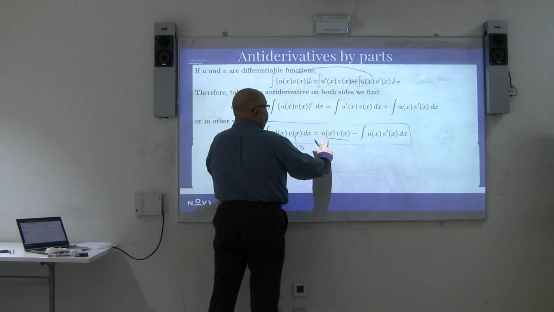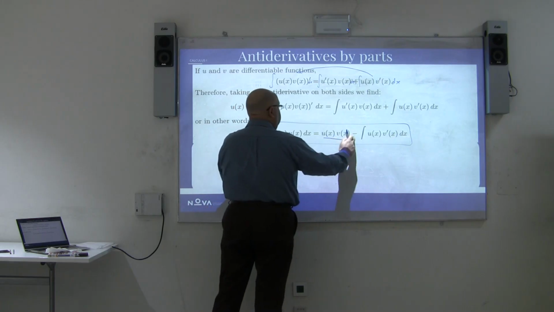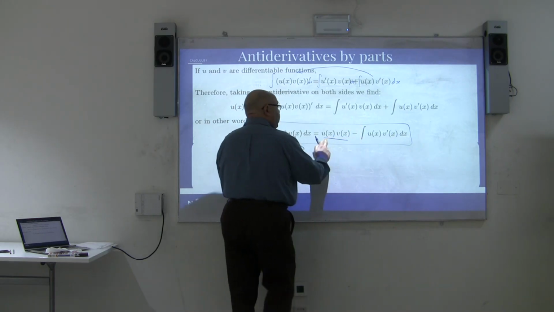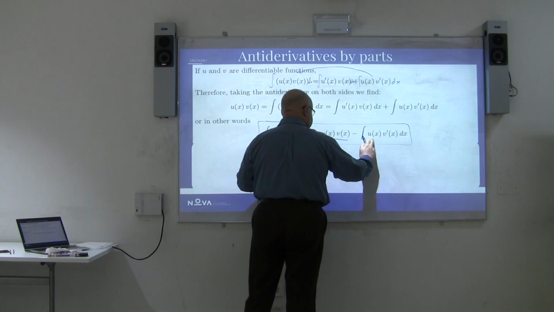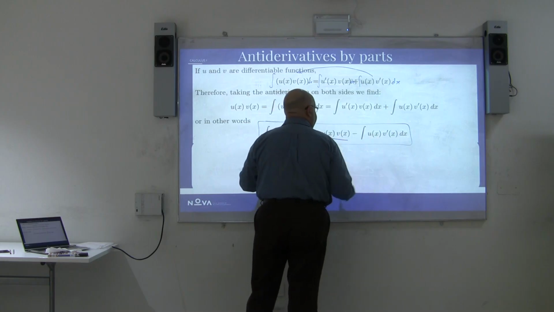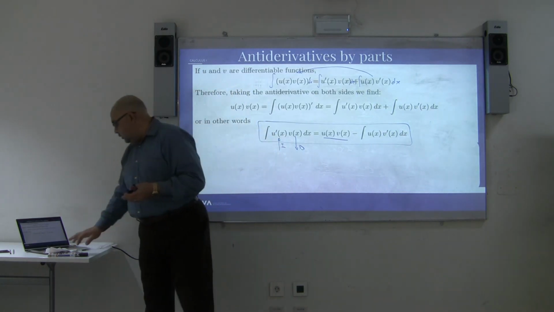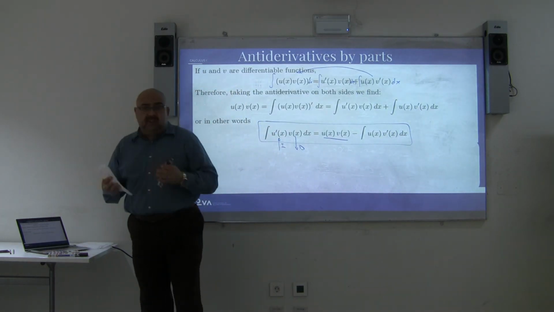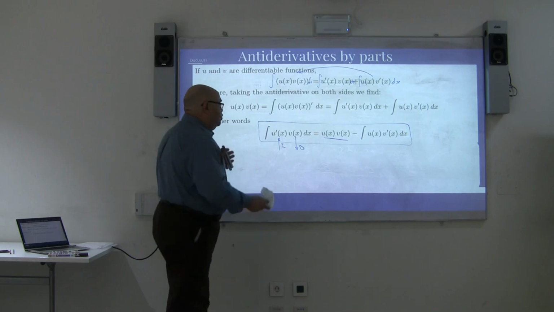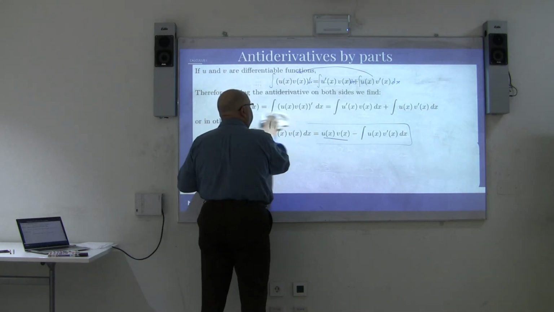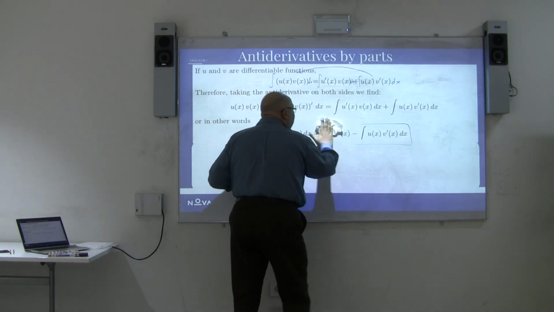So integrating the first function times the second, minus integration of the function which is integrated times the other function, which will be differentiated. That's the main rule of integration by parts. As I told you, it's really a very simple rule. We can apply it, as we saw in the previous session, on three main cases.